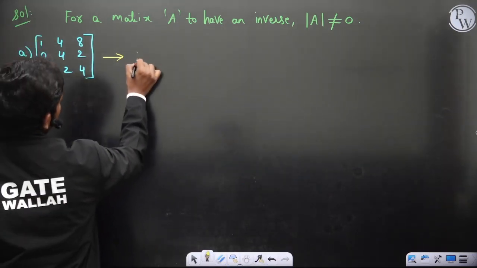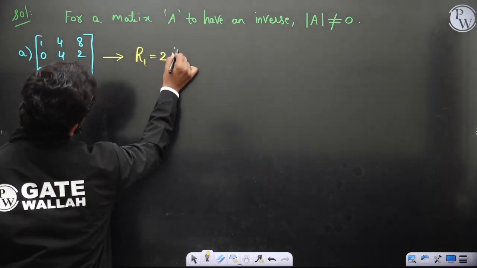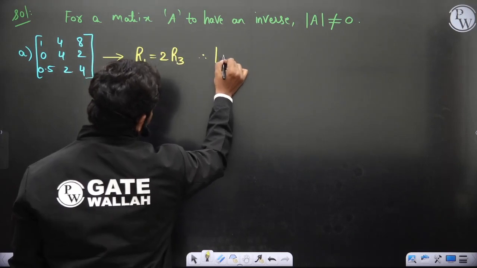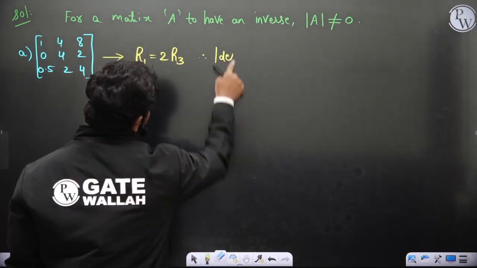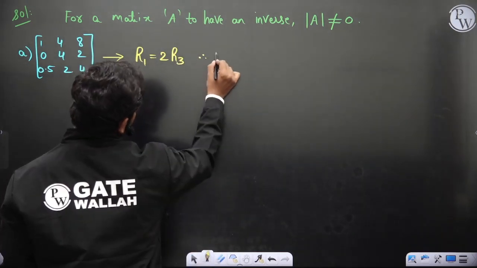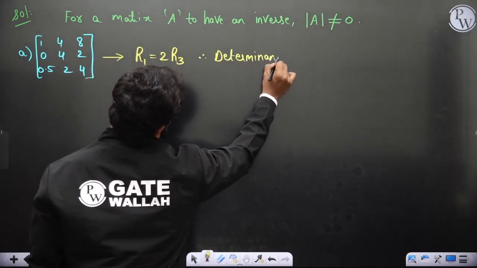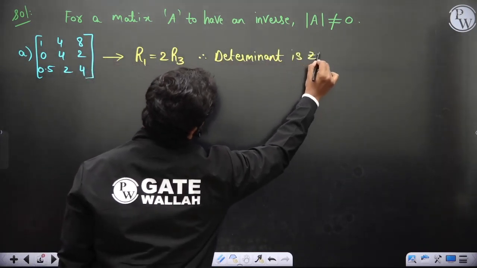So since R1 is equal to 2 times R3, therefore the determinant is 0, because 2 rows are proportional.